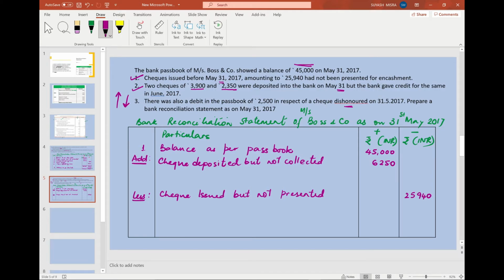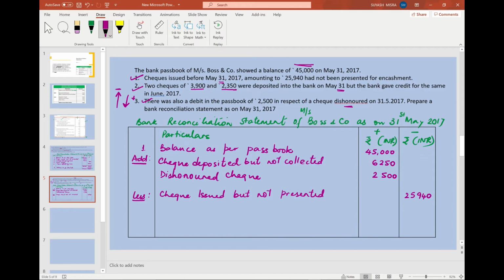Now to bring it to par with the cash book, I have to add this back to the passbook. So I would say dishonored check of 2,500. So this also we have taken care of.